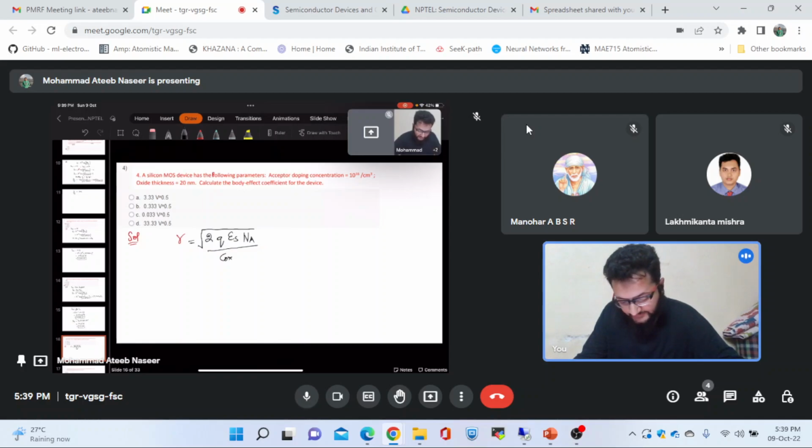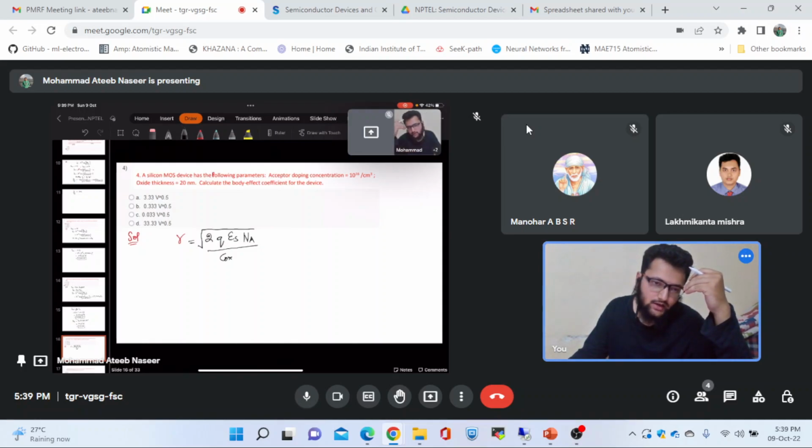Let me calculate this value. Since we have to be a bit careful about the units, we should always go for a dimensionality check whenever we are doing multiplications or addition of two quantities.